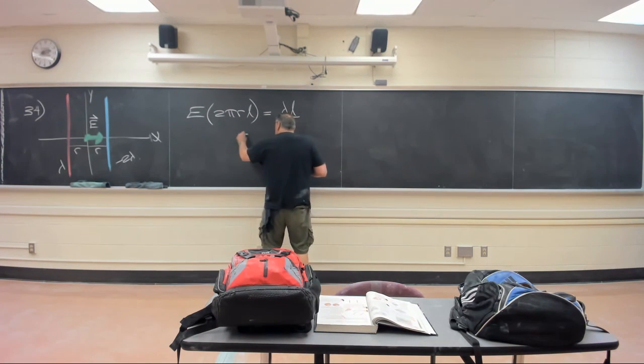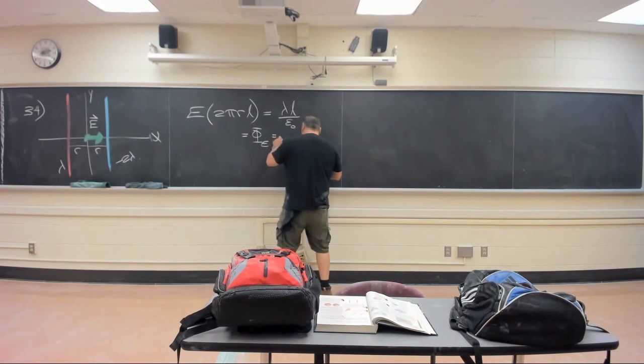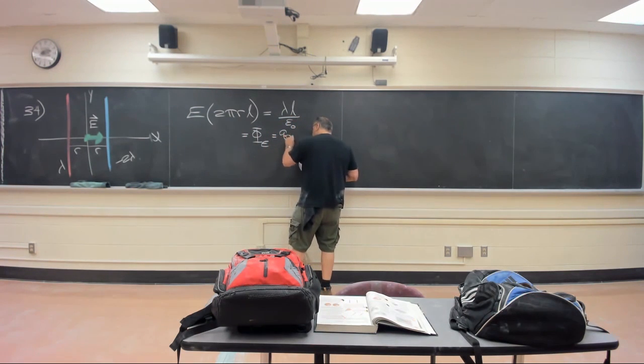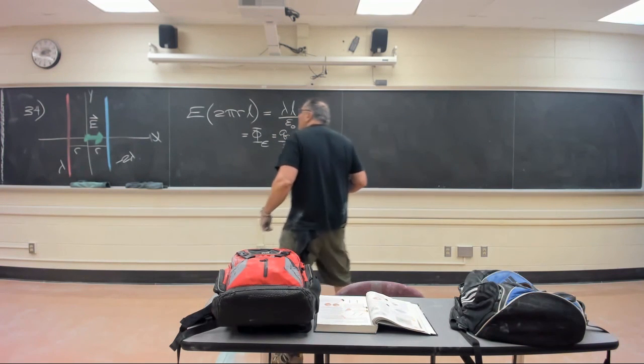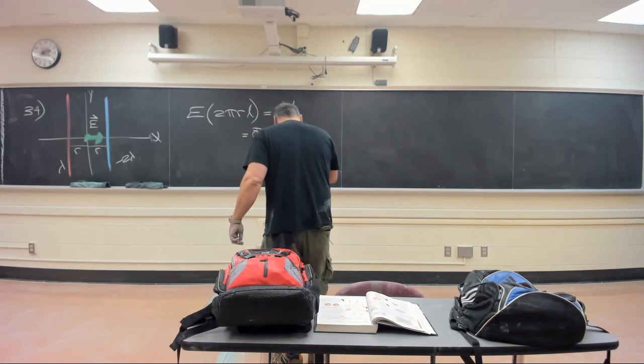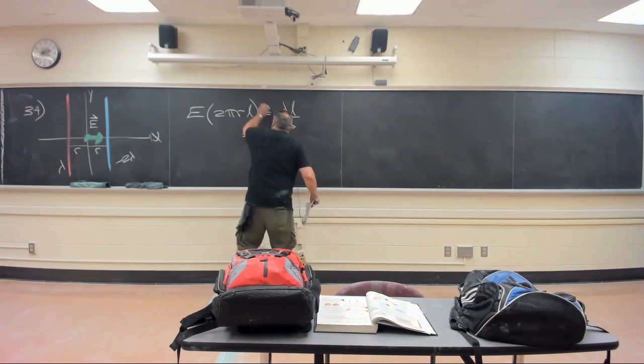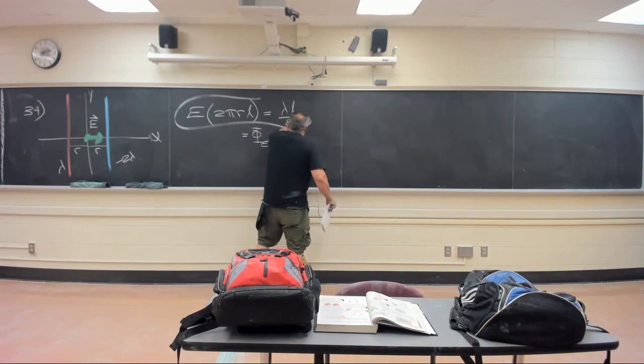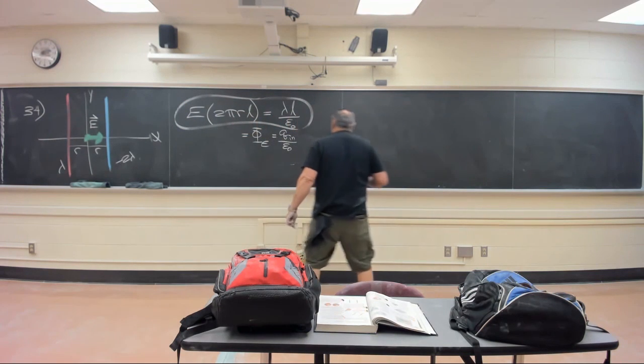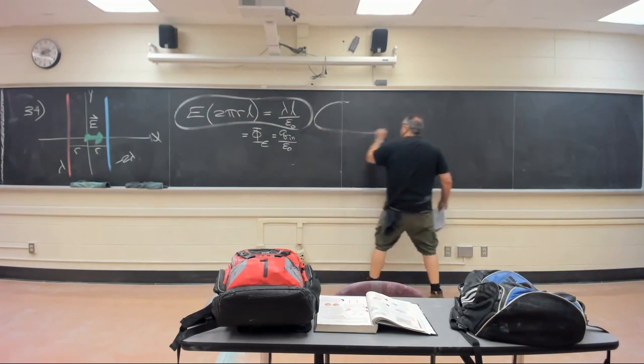Remember, where phi E was equal to Q in divided by epsilon naught. True. Will that be for this guy? What about for the other guy? It's the same thing. They're both the same distance apart.